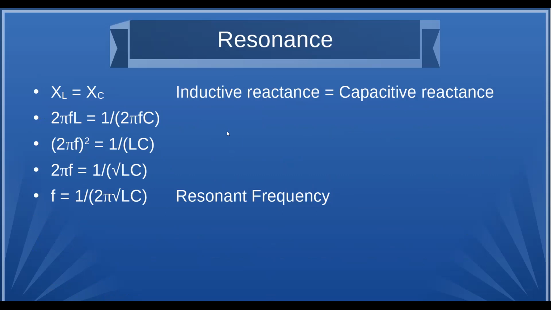And here I showed how you get there, because we say that X sub L is equal to X sub C for resonance. So if you follow through these, I just manipulated the equation to find F, which is how you get it back to 1 over 2 pi square root of LC. So it's, again, just simple algebra, except you have to do a square on the square root.